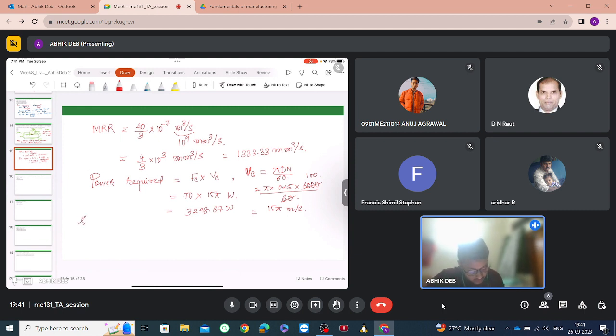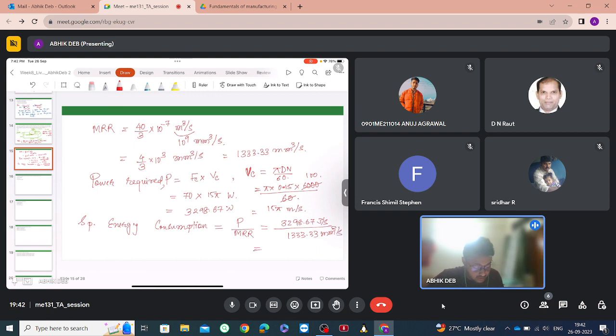Now the specific energy consumption is this power divided by the material removal rate. This basically denotes the power required for unit material removal rate. So power is 3298.67 joule per second, and the material removal rate is 1333.33 millimeter cube per second.